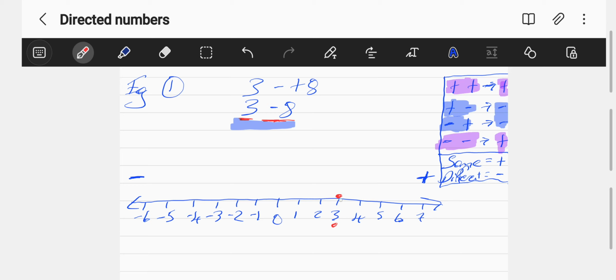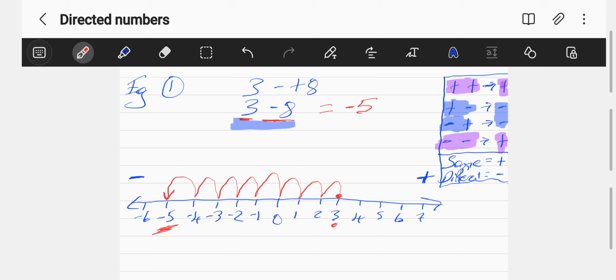So that's 8 places to the left. So it's 1, 2, 3, 4, 5, 6, 7, 8 places to the left. And that ends us up at negative 5. So the answer for this is negative 5.